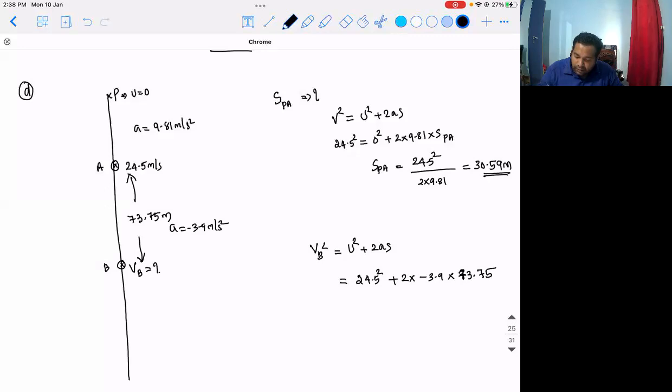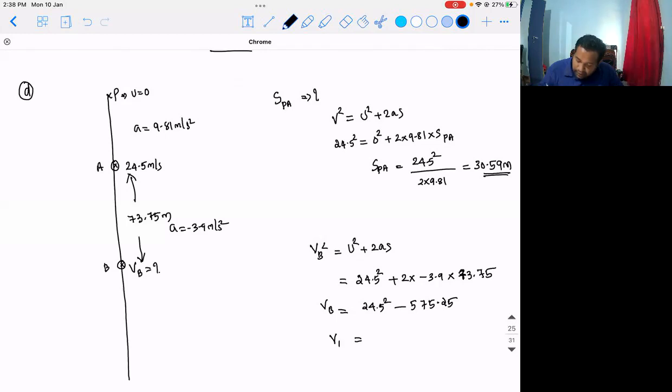Therefore, V_B square would be equal to 24.5 square minus 2 times 3.9 times 73.75. That is 24.5 square minus 575.25.